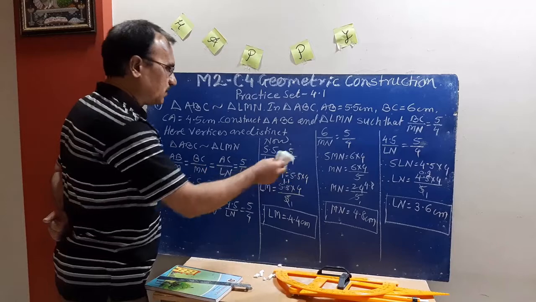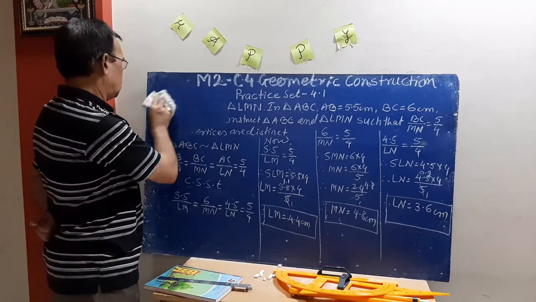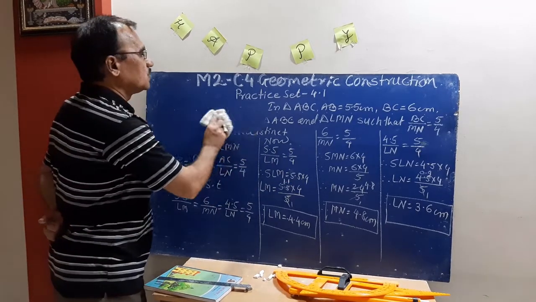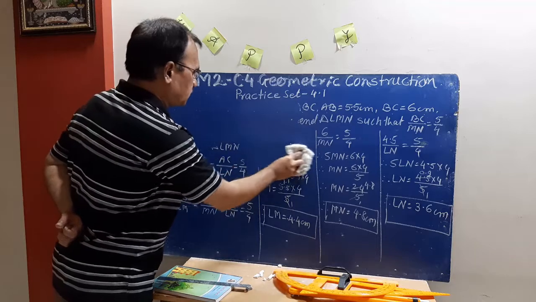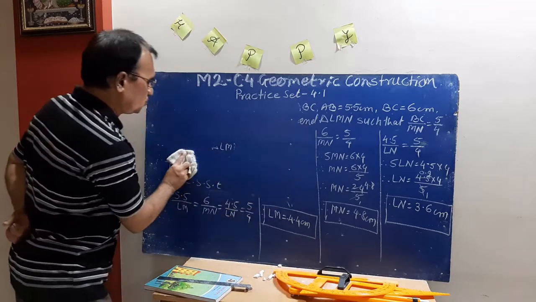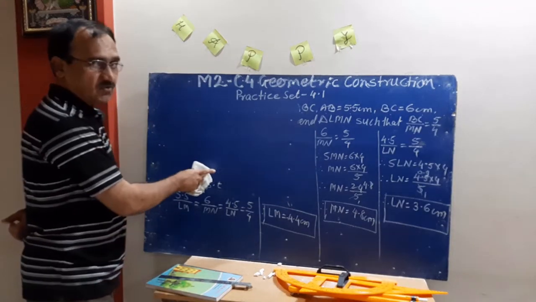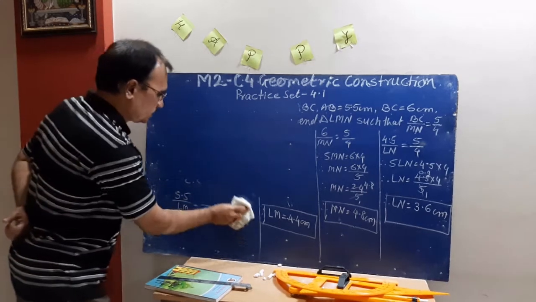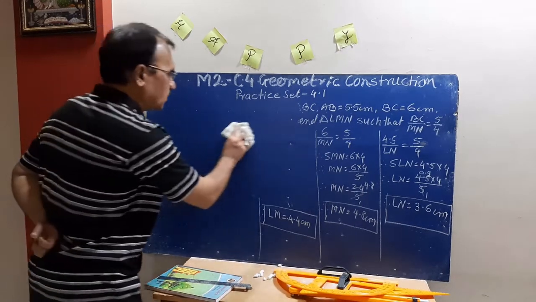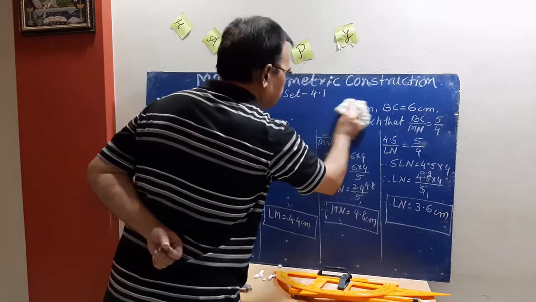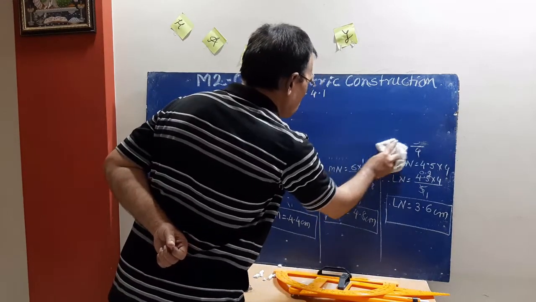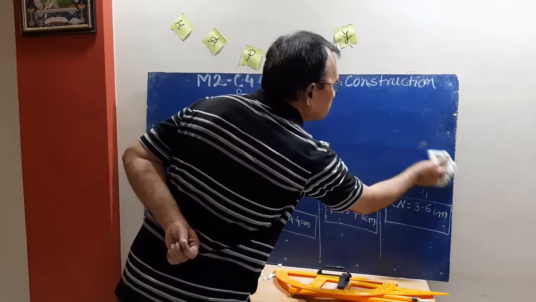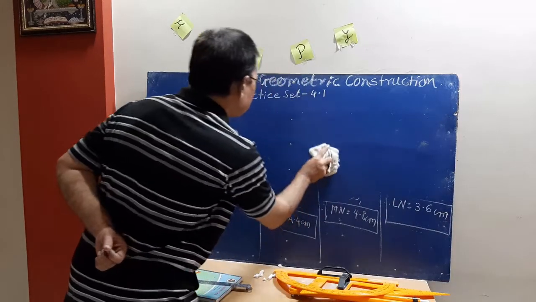You write this one, and we are rubbing here because we want space to construct given two triangles. This is not rough work. This is important work for construction of triangle. 1 mark for these measurements.